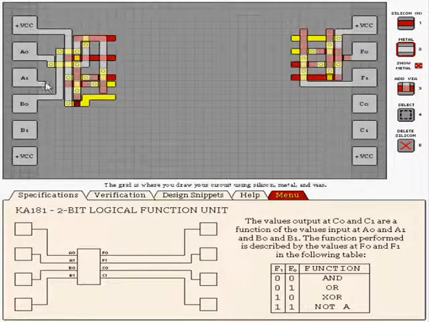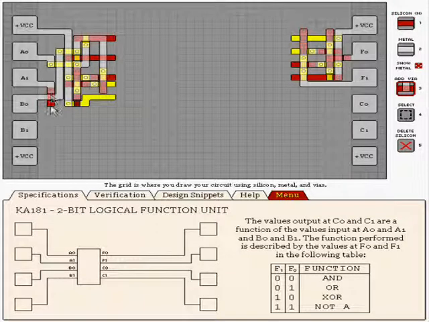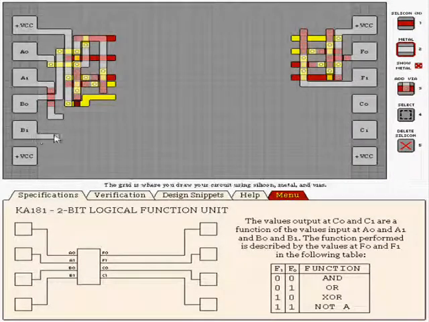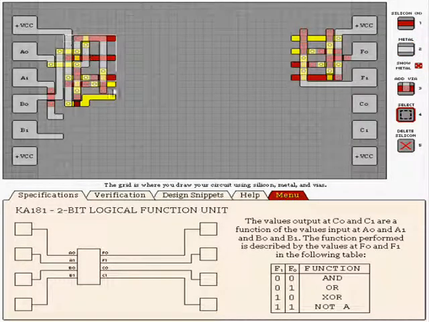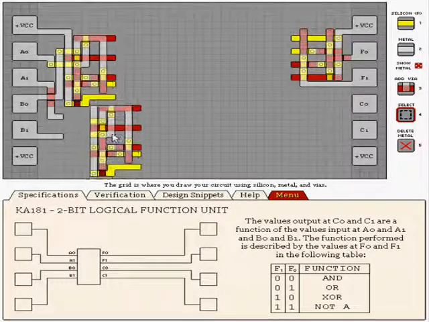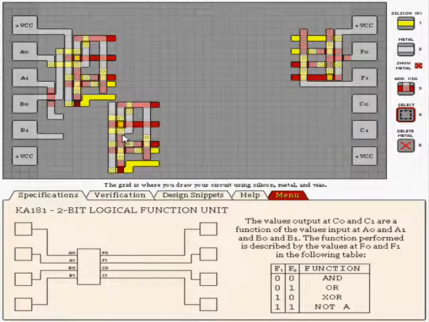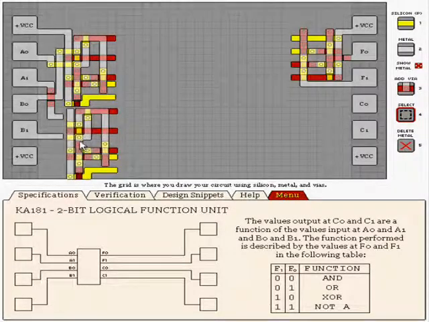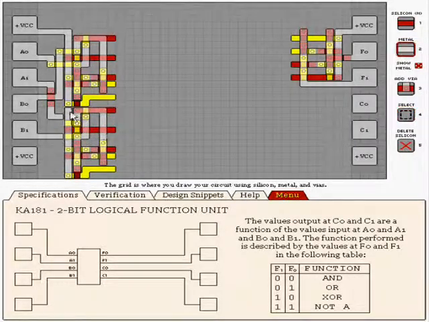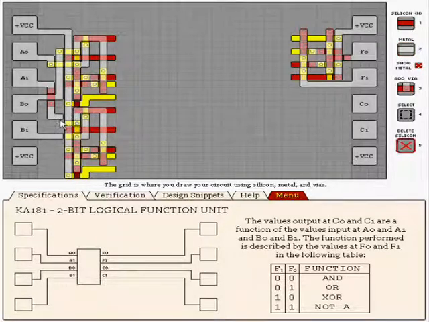And I have to do the same for A1 and B1. So I'll just copy paste that. Hopefully I can fit it. That should be the same permanent power supply.